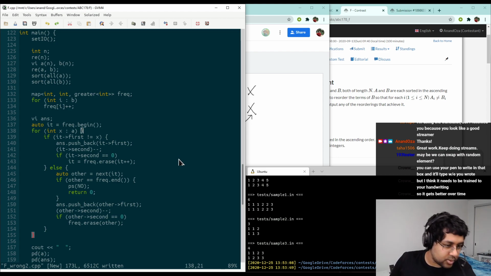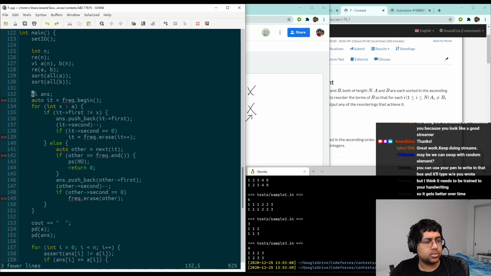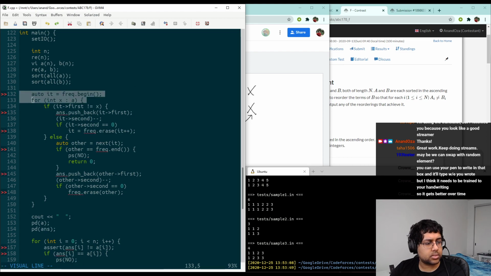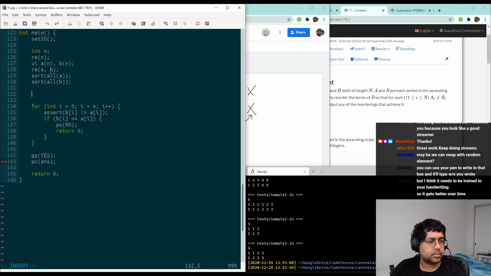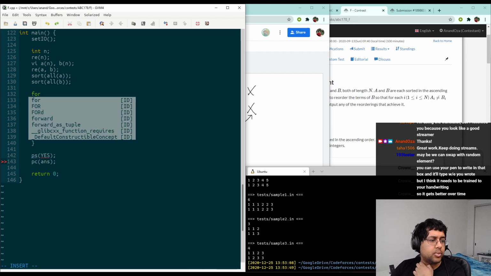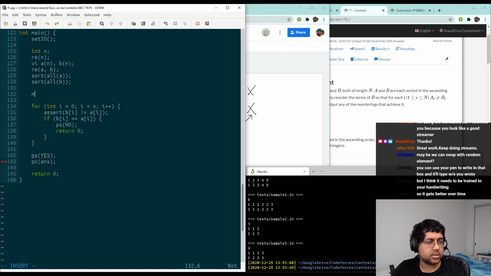Nice, I have 2 wrong codes. Okay. So what we want to do is first, we want to count the number of elements that are in both arrays.